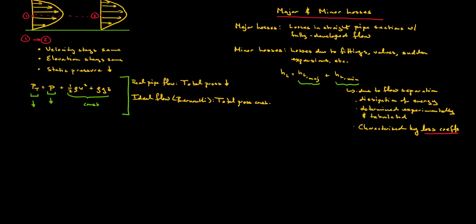So what does this look like? The minor losses are given by a loss coefficient KL multiplied by V bar squared over 2g. So we can see that this compares quite closely to our expression for major losses, which is given by the friction factor multiplied by L over D multiplied by V bar squared over 2g.